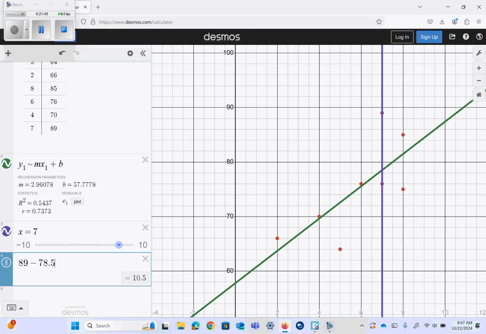Explain the meaning of the residual in the context of this problem. Okay, so this right here was at the point 78.5. This data point did this. So our prediction under-predicted what our data point showed. Our data point showed right up here.